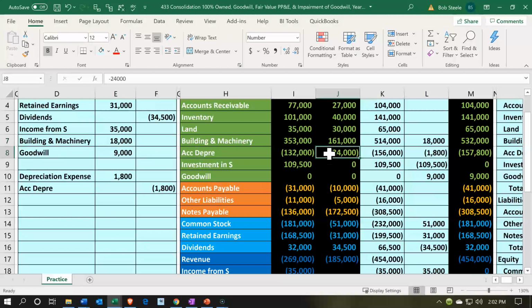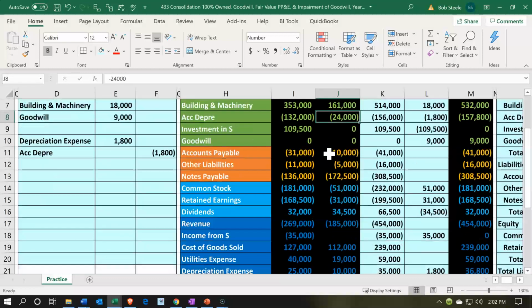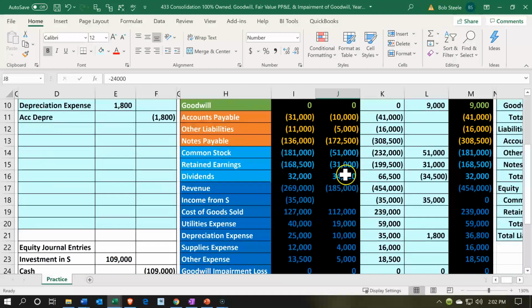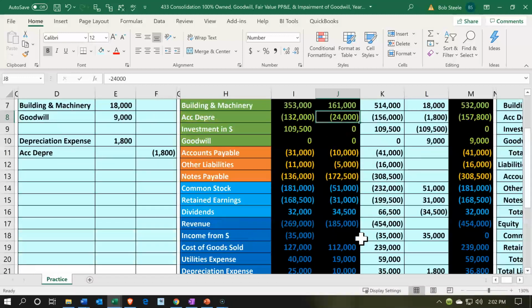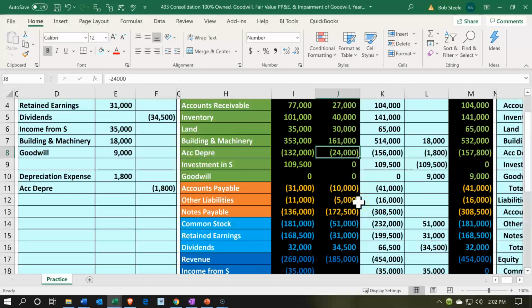So it's been a year later. It wasn't 24,000 at the point of purchase, but we could do that because it's only been 1 year. We could see the depreciation expense before we recorded this was recorded by S at 10,000. And now there's 24,000. So the difference between the two must be the amount that was in accumulated depreciation at the point of the purchase.